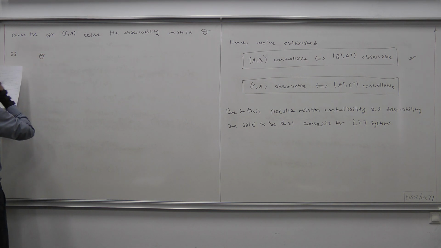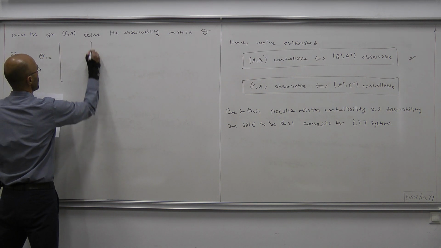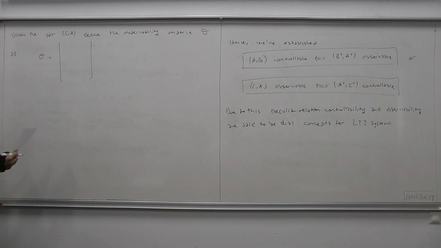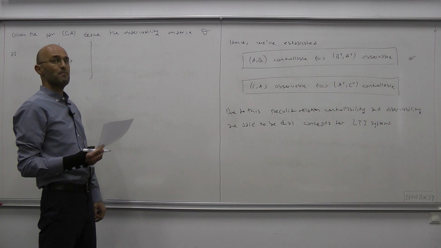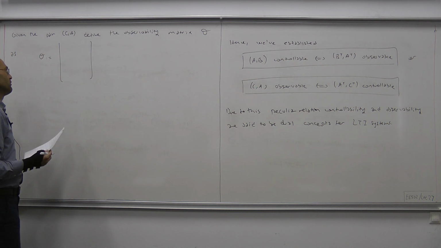The observability matrix is the following matrix with n columns, and n times n rows, where n is the size of the output vector.